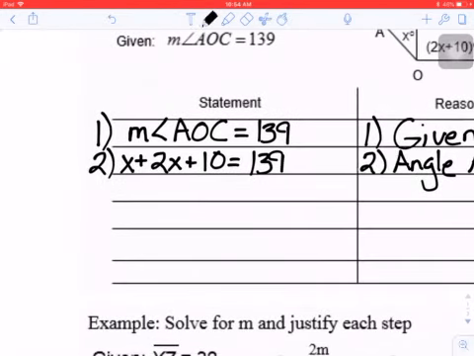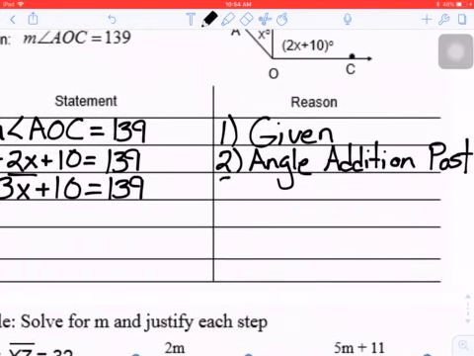So, number 3, let's do the math. Typically most people just combine like terms first, so I'm going to say x plus 2x makes 3x, still got plus 10, and still have 139. So my reason: I just combined like terms.